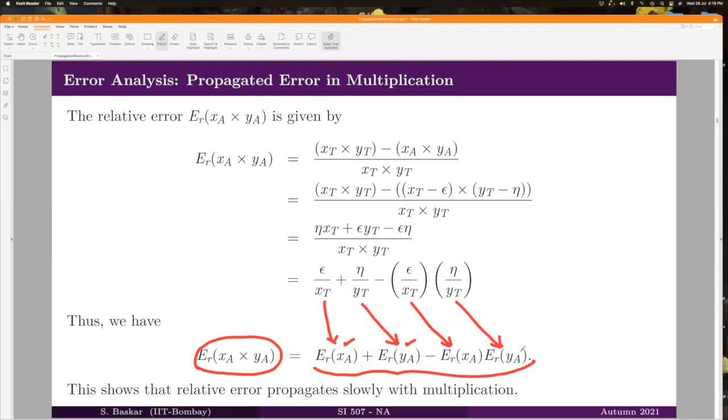That is, this one is going to be less than or equal to the sum of the relative errors in their input values, provided the relative error in x and the relative error in y are of the same sign.